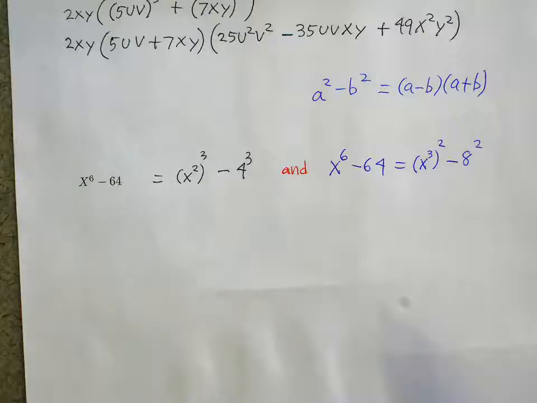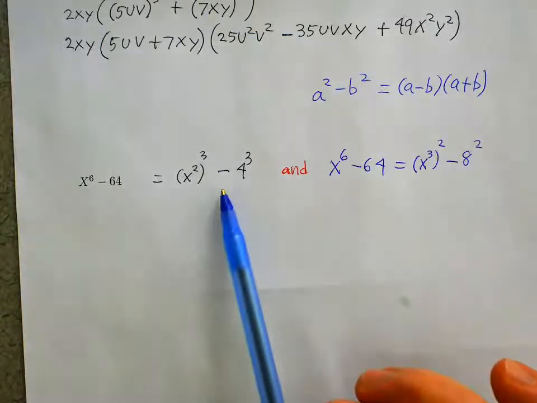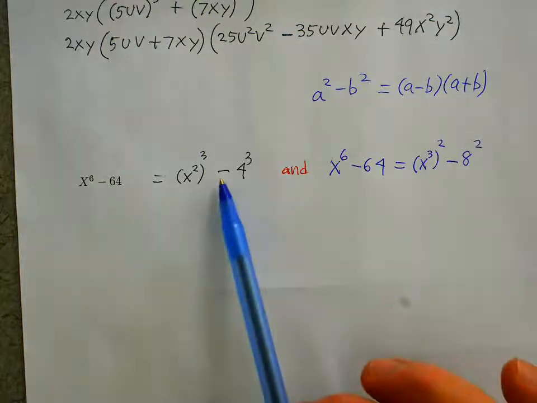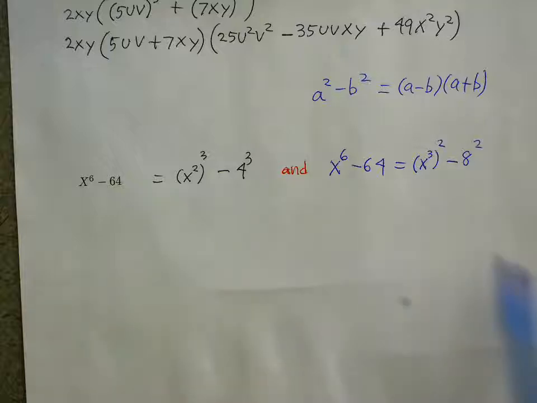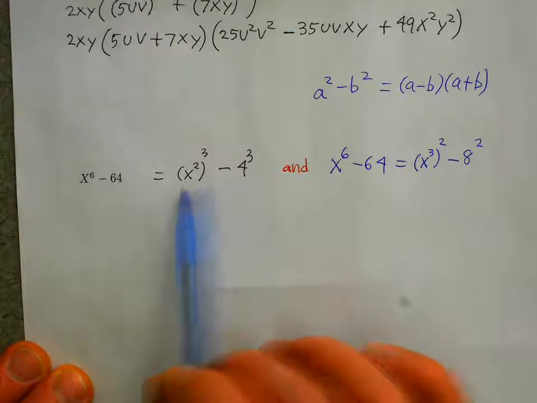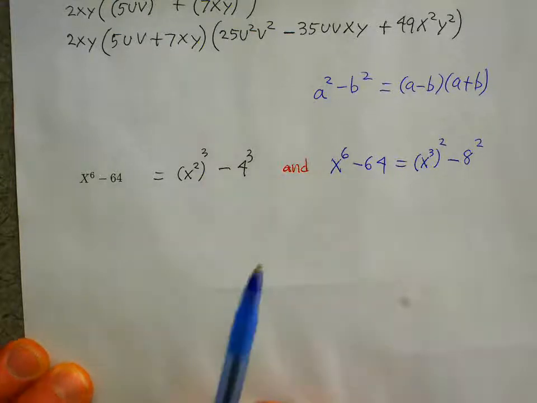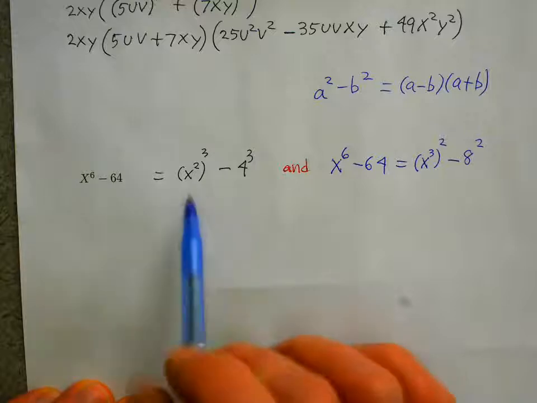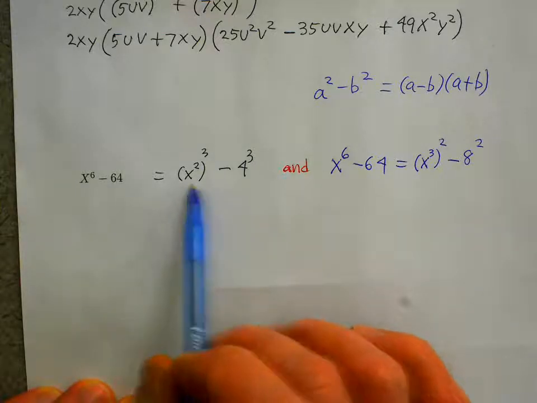Well, it turns out that we can get to the complete factorization either way. So we'll do it one at a time. First, if we interpret this as a difference of cubes, we'll just apply the difference of cubes factoring formula.